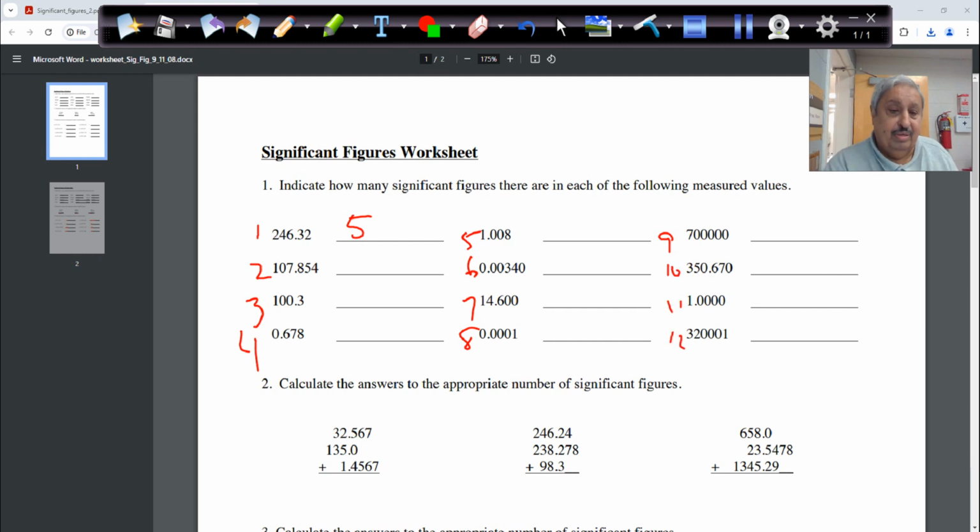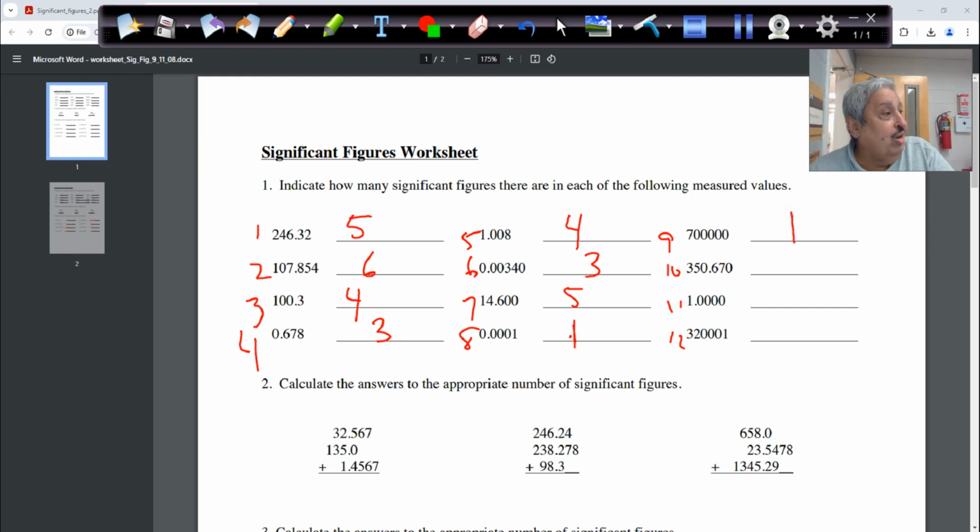So, how much is this? 6, correct. The other one, next. 4, the other one. 3, the other one. 4, the other one. 3, the other one. 5, the other one. 1, okay, very professional.